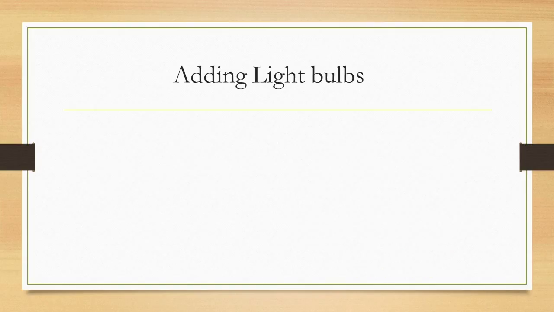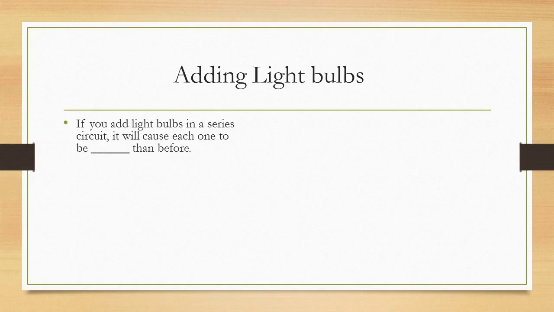And now we'll talk about what happens when you add more items to a series circuit. If you add light bulbs in a series circuit, it will cause each one to be blank than before. Is it A, dimmer than before, or B, brighter than before?